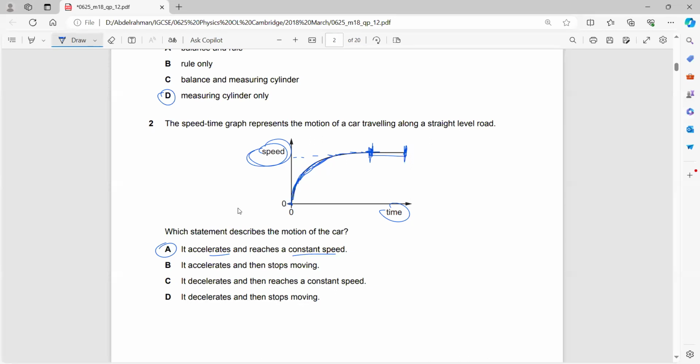No, it's not a constant acceleration. This is a non-uniform acceleration. Yes, it is curving. It is accelerating, but with a non-uniform acceleration. Okay?